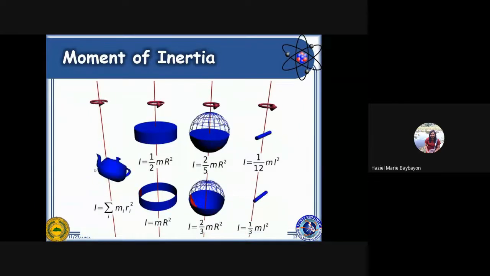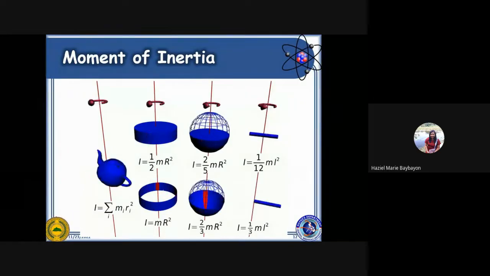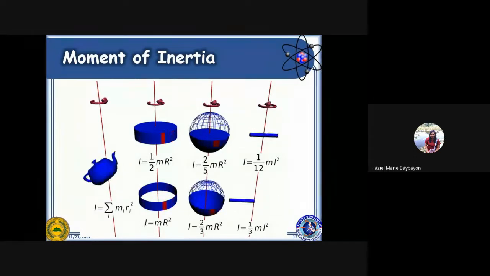Okay, so this one. So as you can see, different objects have different values of moment of inertia. So for a hollow cylinder, ang iyang value sa moment of inertia is equal to mass multiplied by r squared. So r here is the radius of your cylinder.